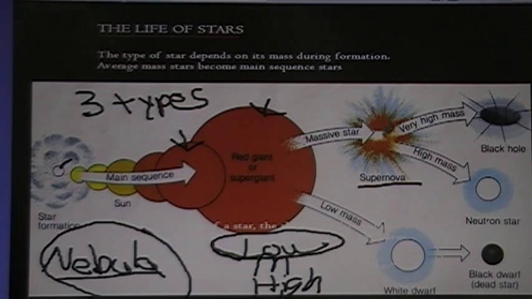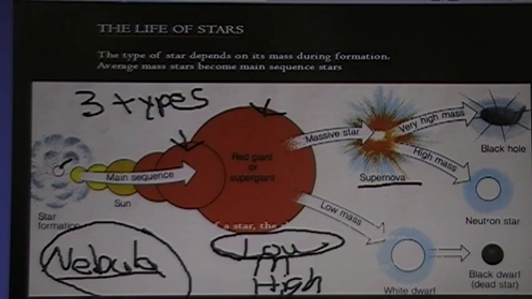Now, if the explosion is large enough, and it doesn't fall in on itself, and this is a little complicated, but if the neutrons explode outward, it leaves a void, which is known in many instances as a black hole. A black hole is essentially a hole that light cannot escape.